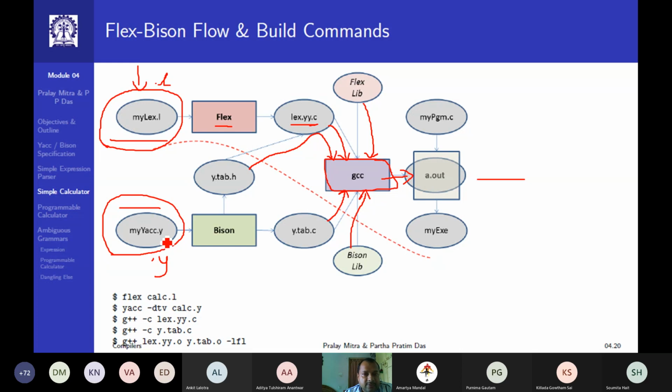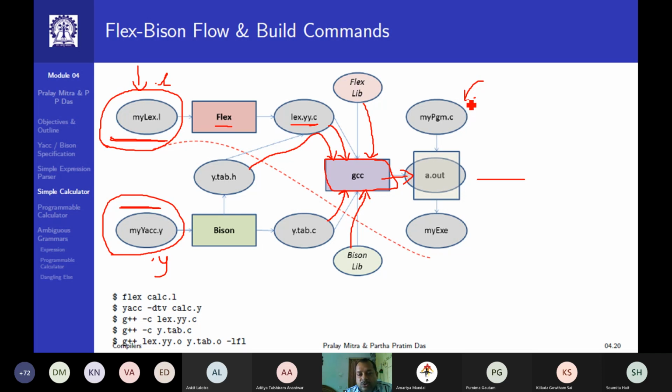So if I give some source code as an input, although I wrote it as .c, you can consider some source code which follows the rules laid down by the patterns of the lexical analyzer and the grammar production rules suggested by this Bison program.